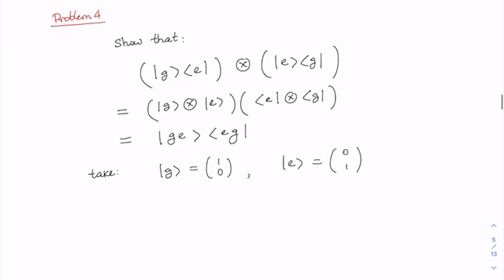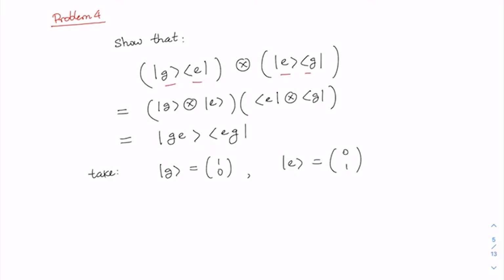You have to show that the tensor product of a combination of two kets and bras. This is your ket, this is your bra.